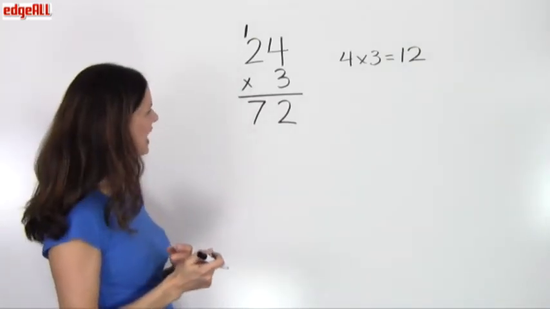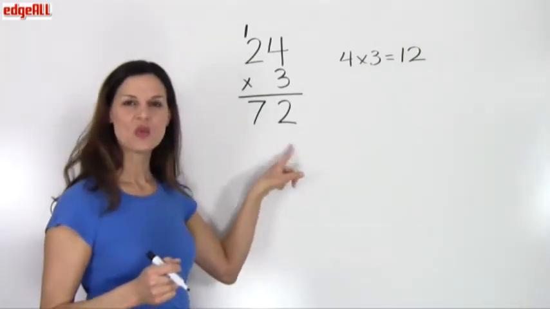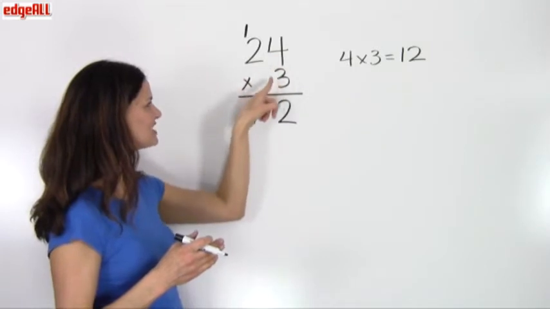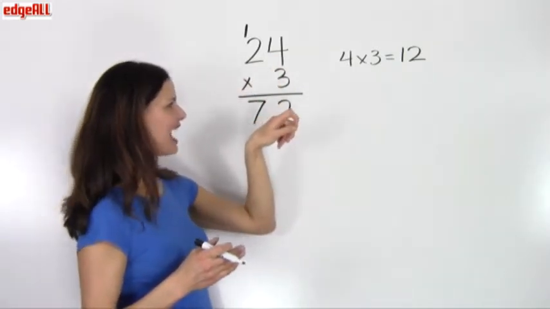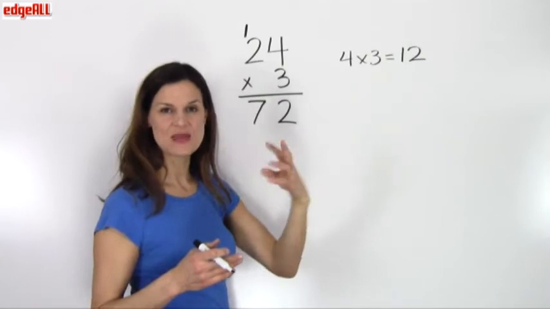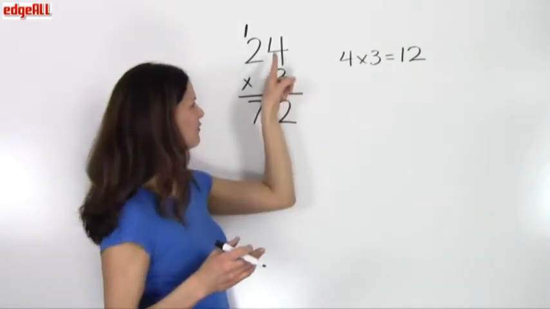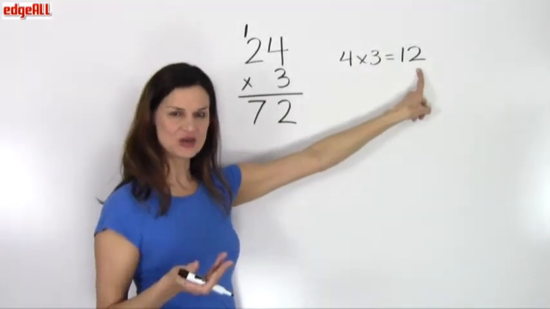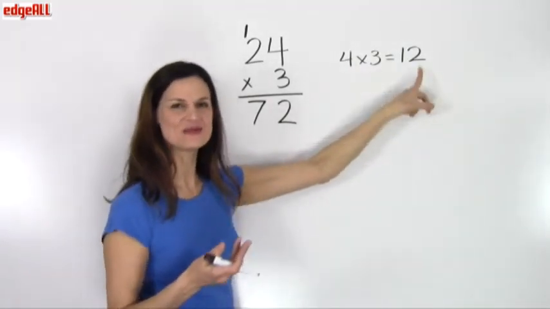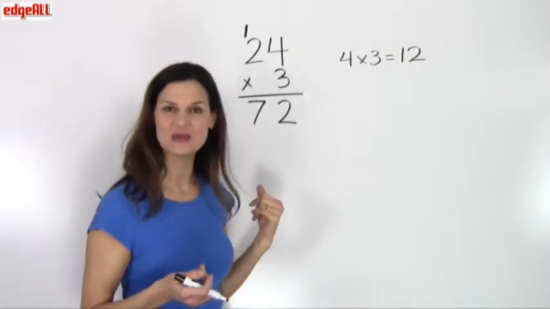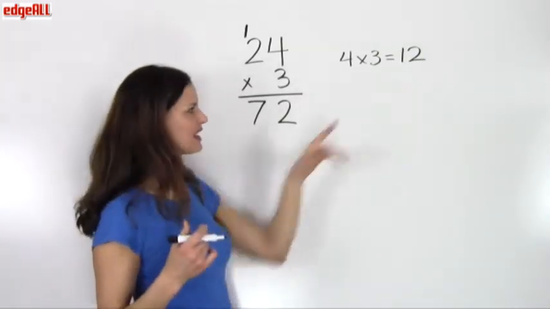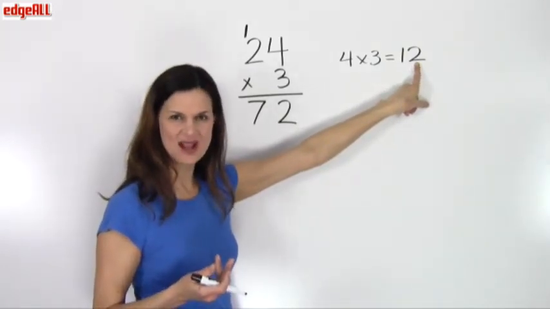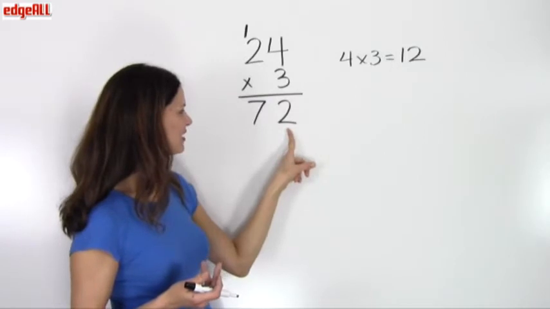And so if you get to this point in a problem where you multiply two of your one-digit numbers together and you end up with your answer being a two-digit number, like 4 times 3 or 3 times 4 equals 12, you're going to do what we call regrouping. We just worked with some regrouping, just like we did with addition. I take the 2, the digit that's in the ones place, and I place it here in my final answer.